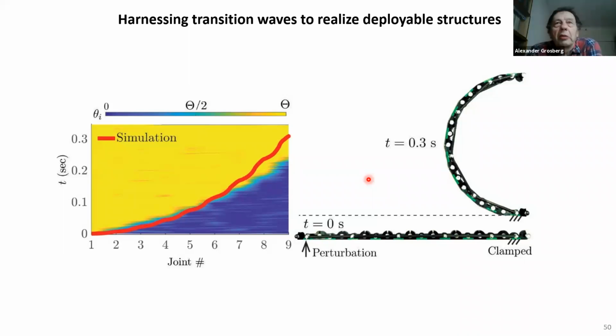I have a different question here. I imagine you can easily modify the design of your system such that the depths of both energy minima, at zero angle and at maximal angle, are exactly the same.